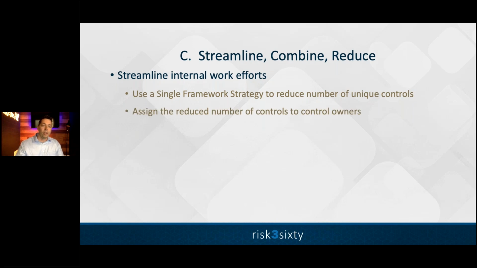We're going to go ahead and assign all controls to control owners. This is a key step that often gets overlooked, but it's something I like to emphasize: if there's a control out there, there needs to be someone who is accountable for ensuring that control is operating effectively. Because that is the big thing with SOC 2, making sure that control owners are operating controls effectively over time.